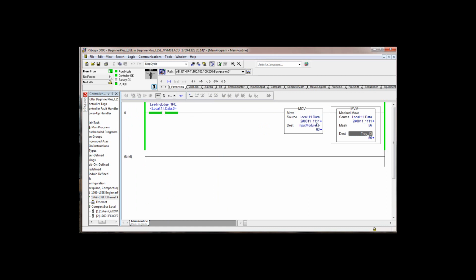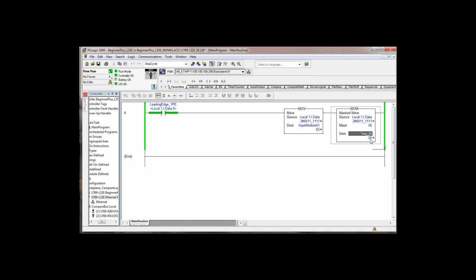Okay, so these 6 inputs. Now watch this 63 here. These 6 bits all add up to 63. So 6 bits of resolution gives you 64 patterns, 0 through 63.